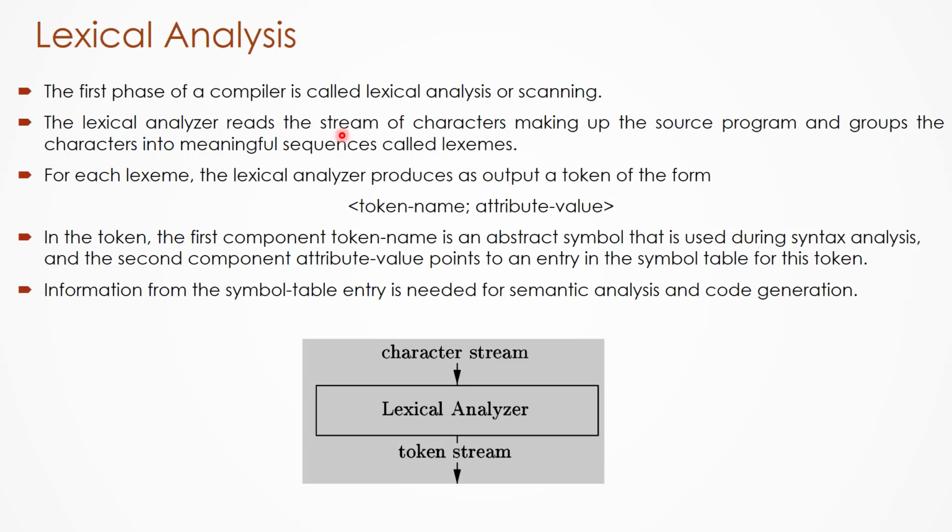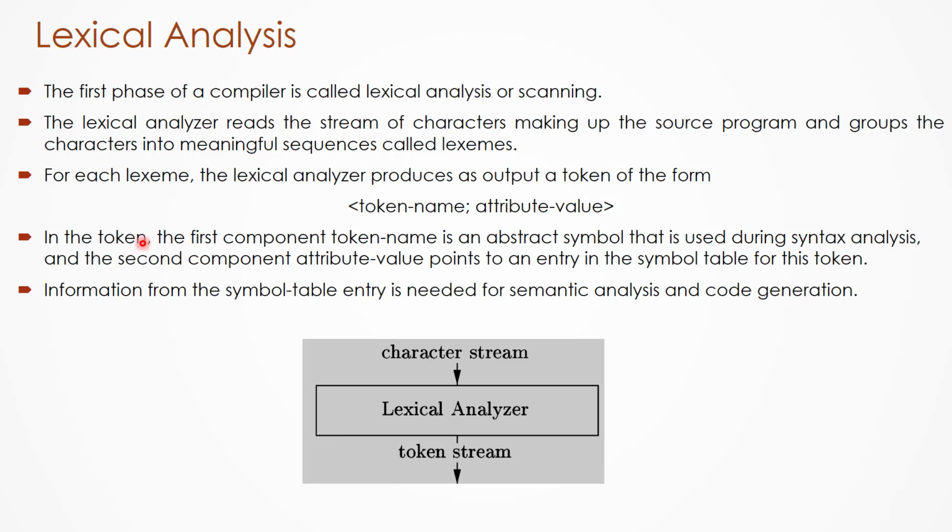These characters are grouped into meaningful sequences called lexemes. For each lexeme, the lexical analyzer produces an output, a token of the form token name, attribute value. The meaningful sequences are converted to tokens by the lexical analyzer. So the token consists of 2 parts, token name and attribute value. This will be clear when we see the example.